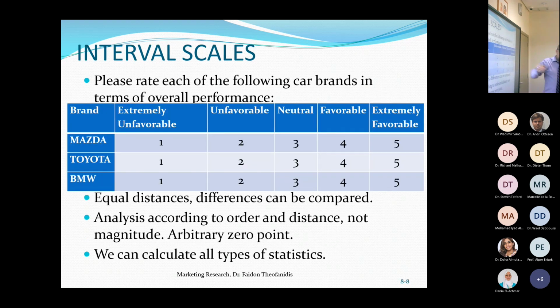Now, this is solved with this type of scale, which is called equal distances. Why? Because, as you can see, moving from 1 to 2 is exactly the same as moving from 2 to 3, and moving from 2 to 4 is exactly the same as moving from 3 to 5. So we're talking about an equal distances scale.